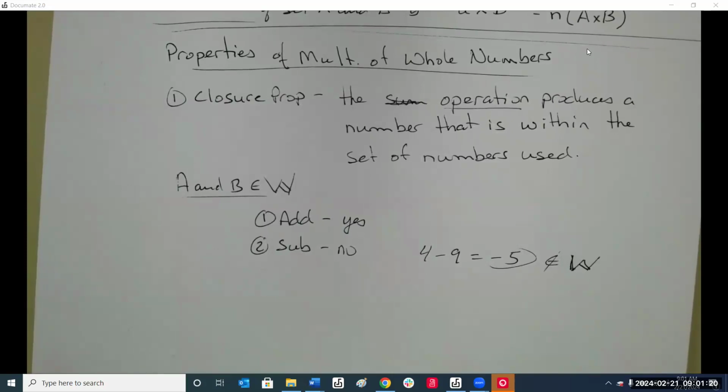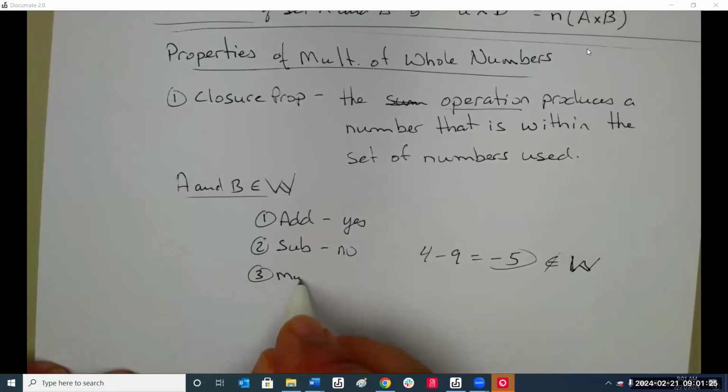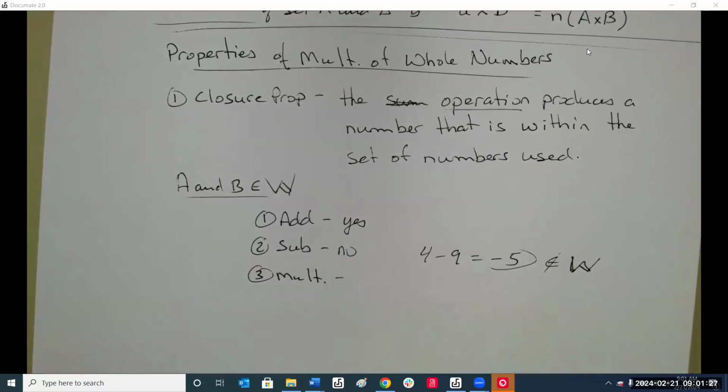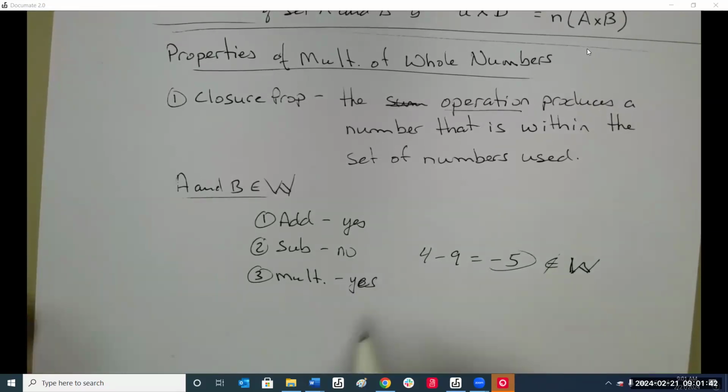It's an integer. Is multiplication closed? Yeah, because if we start off with 0 times 0, that's in the whole number set. 1 times 0, all that stuff, and then 9 times 9, that's in the set. So any two numbers multiplied together will also give me another number that's in the whole numbers.